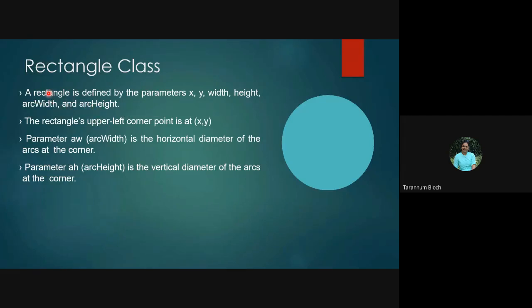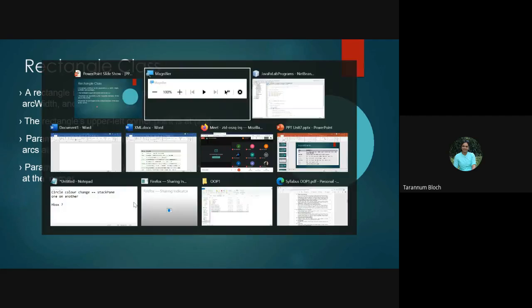So the top left corner of the rectangle is x, y. And the parameter arc width is the horizontal diameter of the arc of the corner, and the parameter arc height is the vertical diameter of the arc of the corner. Fine. So you can go with the arguments, and you can create a rectangle also.